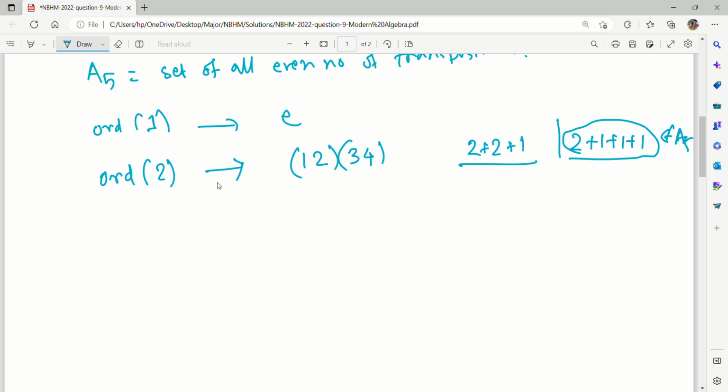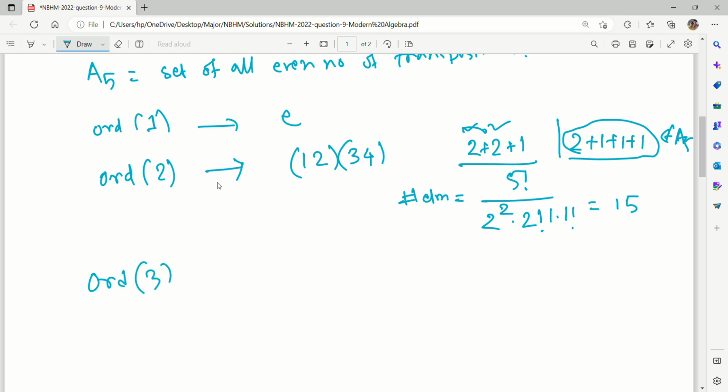So the number of elements of this type is 5 factorial divided by, there are two cycles of length 2 and one of length 1, so 2 squared times 2 factorial times 1 factorial, which is nothing but 15. So there are 15 elements of order 2.